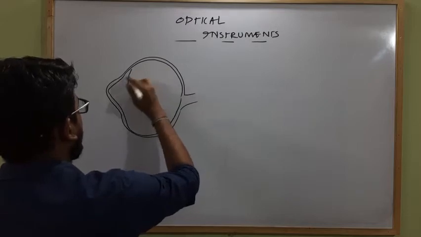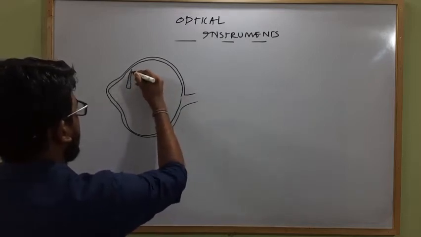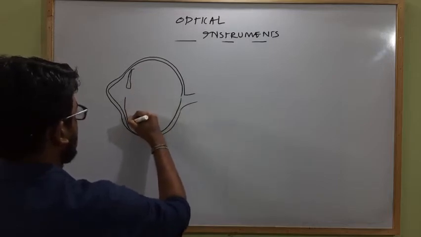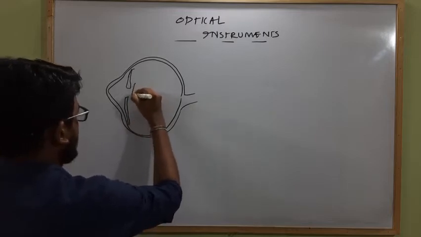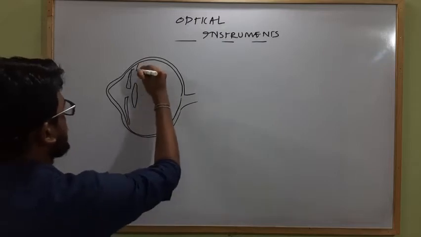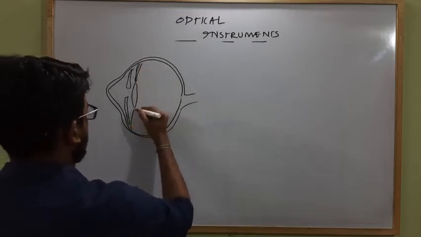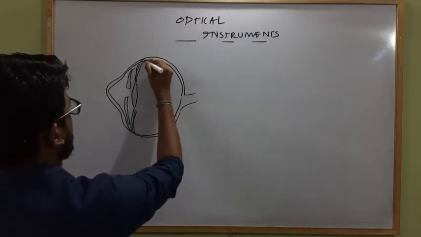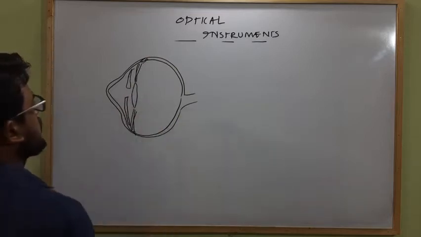There is a small opening. Here is a lens which is attached to it. The structure looks mostly like this.